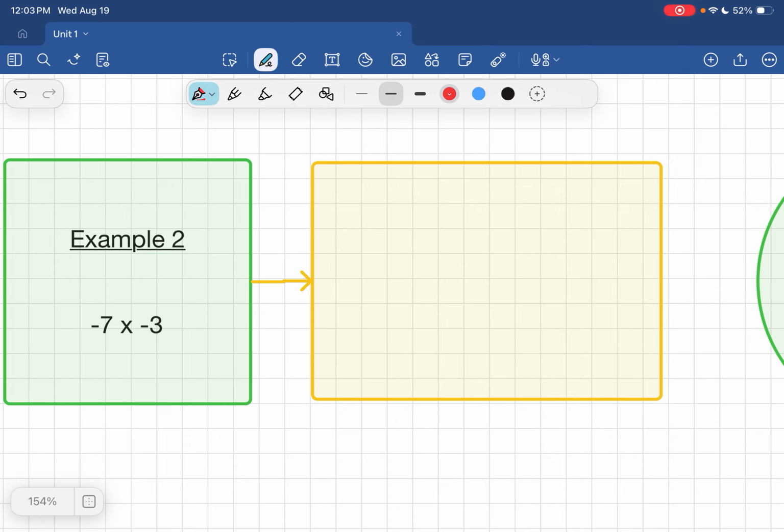Let's try another one. Again, I'm going to look at the signs before I do anything else. Negative 7 times negative 3. So I have a negative and a negative. Both numbers are negative. The signs are the same. Remember, the same means positive.